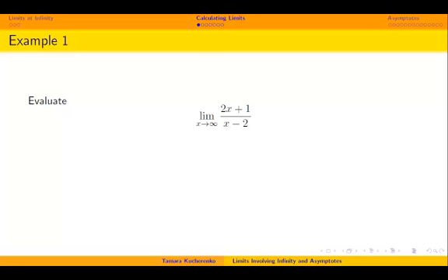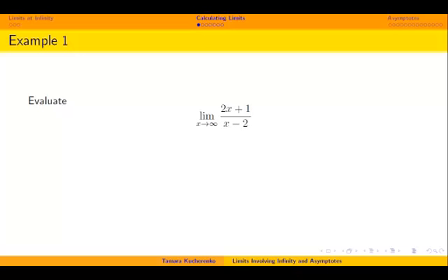Notice that when x gets large, the top 2x plus 1 gets large and the bottom x minus 2 gets large. So we cannot immediately tell what the behavior of the function is as x gets large.